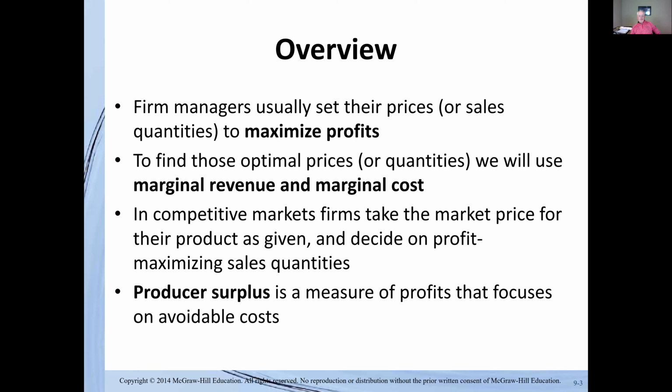We'll demonstrate how the firm thinks about going about that optimization problem. And that is to say, the firm will equate its marginal revenue to its marginal cost, and that will determine the sales quantity. And as I said, we are going to be looking at a competitive firm.